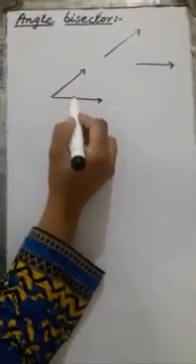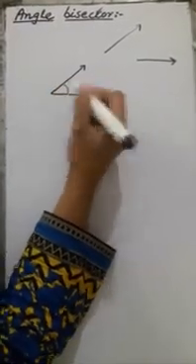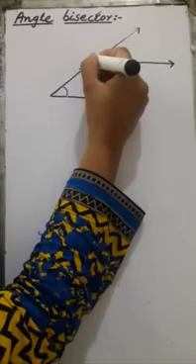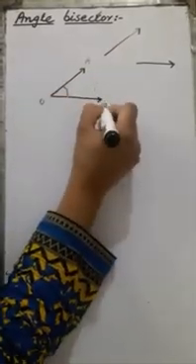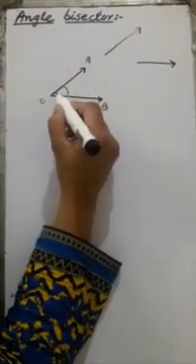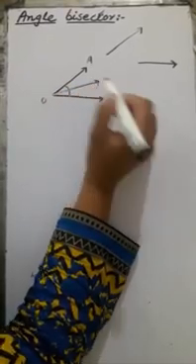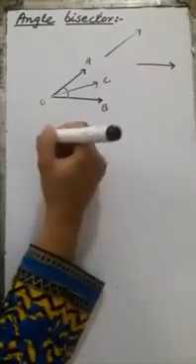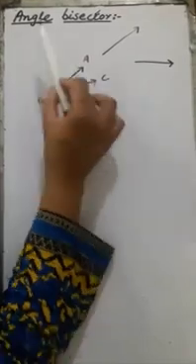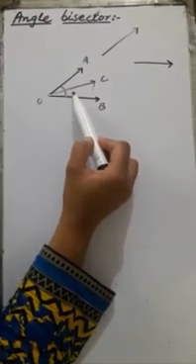So if there is another ray which divides this angle, AOB, into two equal parts, then this ray will be called the angle bisector. So the definition of the angle bisector is: an angle bisector is a ray which divides the angle into two equal parts.